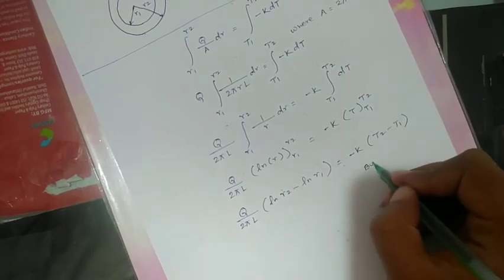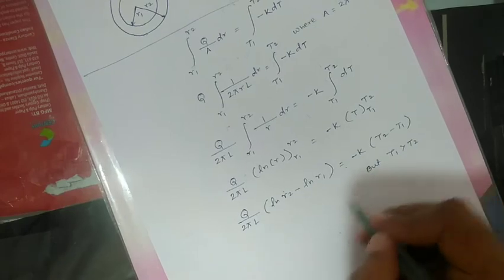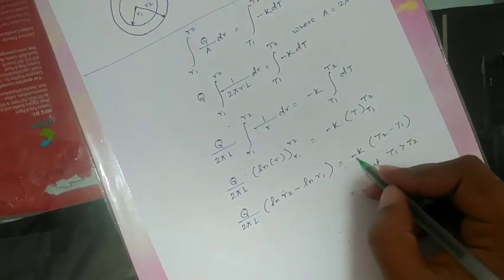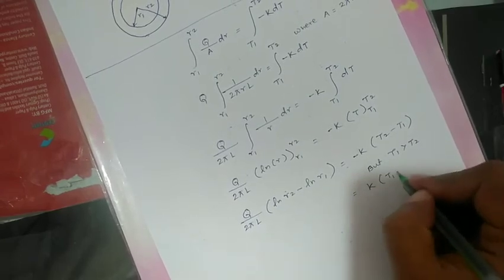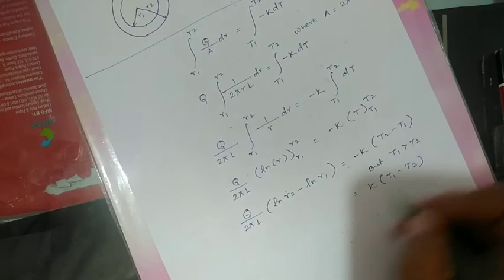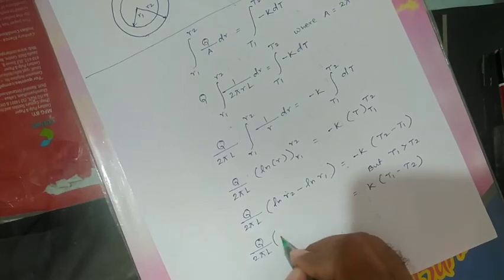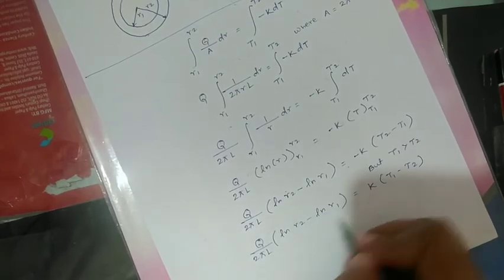But t1 is greater than t2, therefore either you take the negative sign outside or you just shift this negative sign inside. So you have K into t1 minus t2 on the right hand side, and on the left hand side Q upon 2 pi L times ln of r2 minus ln of r1.